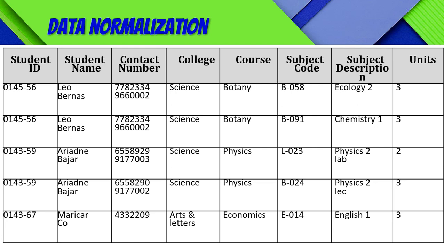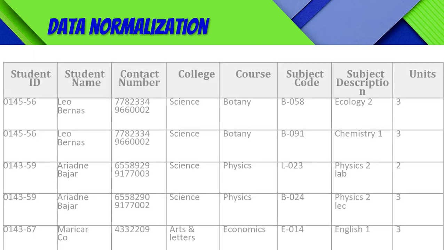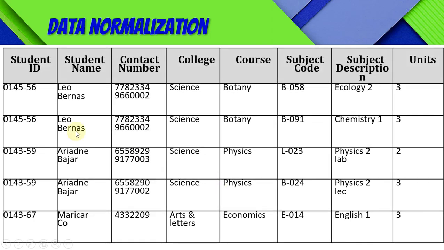When we say database form, it means we are going to work with tables, because working with tables means working with a database. So as you can see, in our actual form, the requested information is also there. For example, student ID, student name, contact number, college, course, subject code, subject description, and the units of the subject.